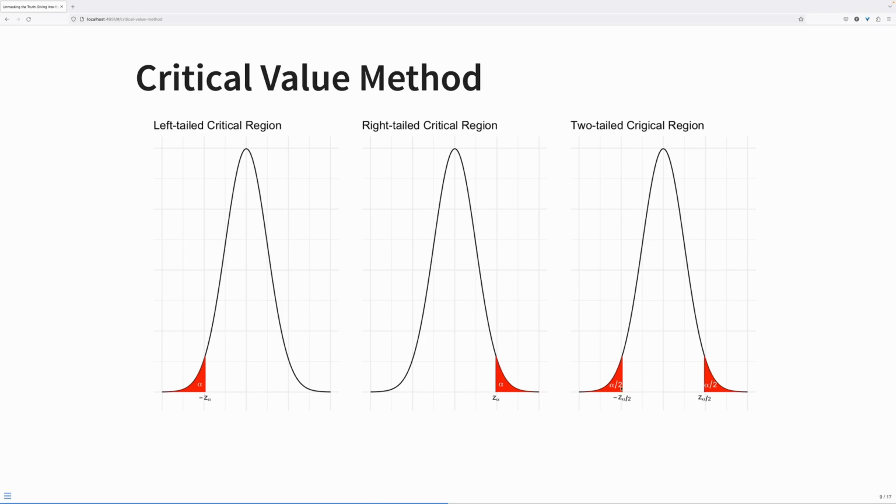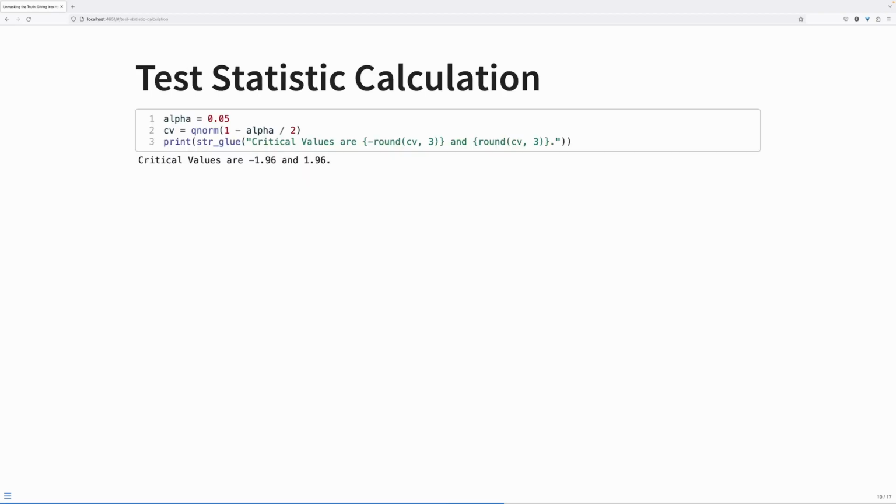So for the critical value method, we need to calculate a value called the test statistic. In our case, the test statistic is the z-score for the proportion obtained from the sample in the sampling distribution. Also, we need to determine a critical region and reject the null hypothesis if the test statistic falls in the critical region.